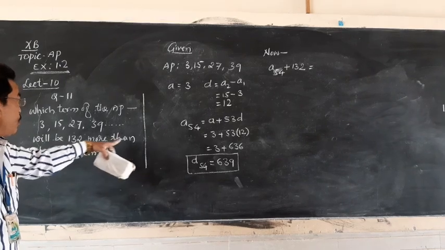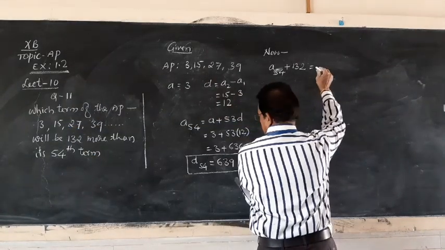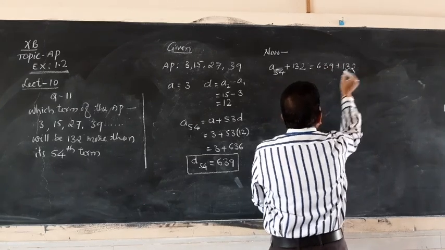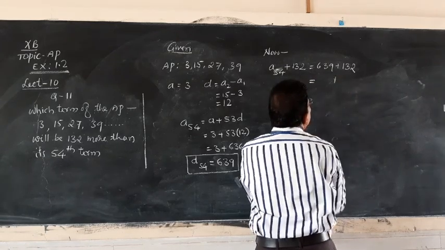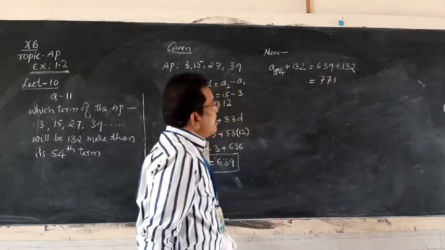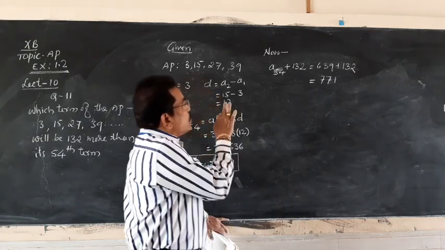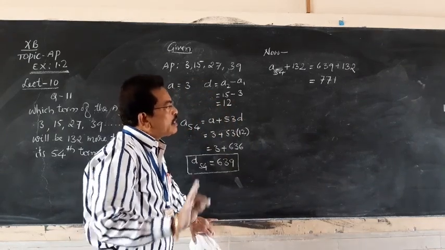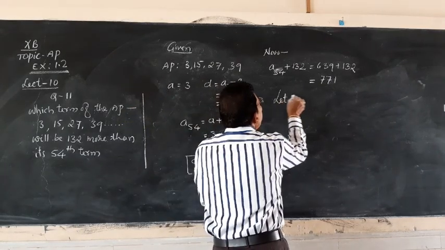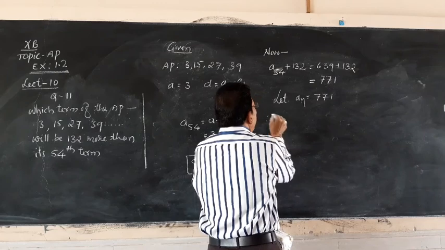So A54 plus 132, that means 639 plus 132, which is 771. 9 plus 2 is 11, carry 1. 3 plus 3 is 6 plus 1 is 7. 6 plus 1 is 7. A54 plus 132 equals 639 plus 132. Now let An equal 771.